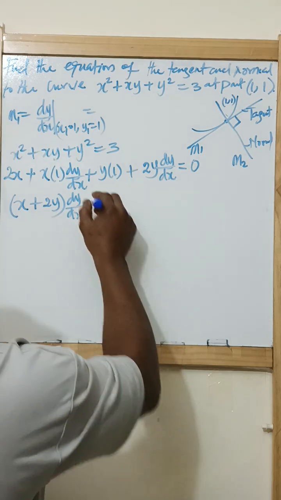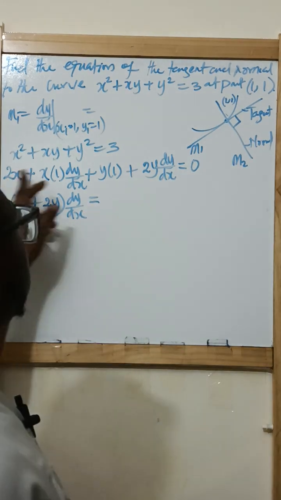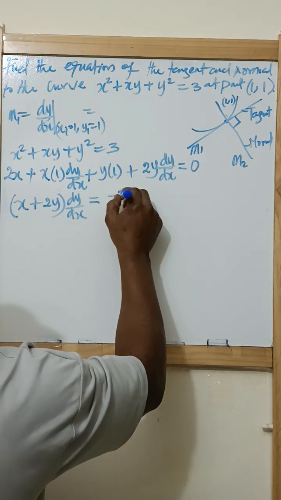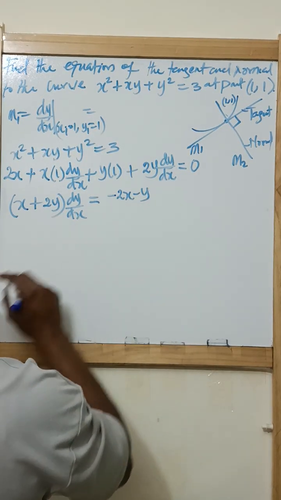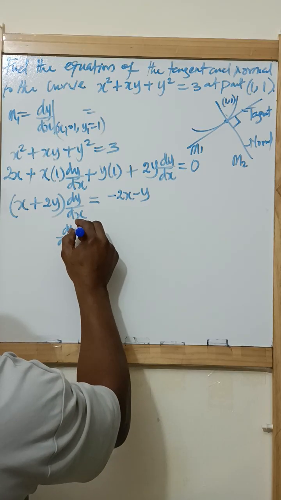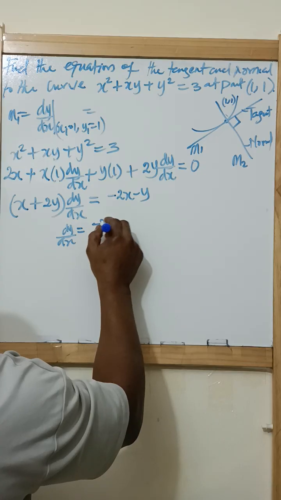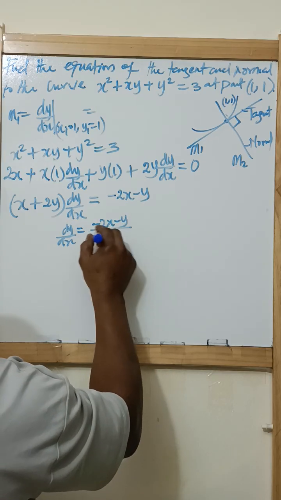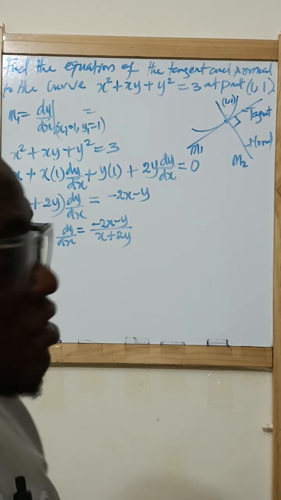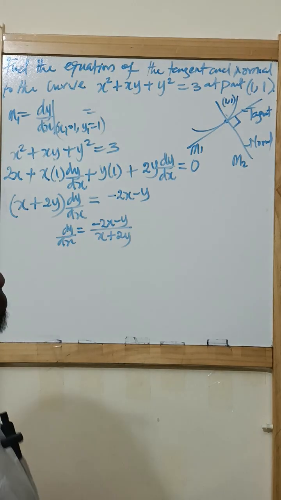Then the 2x and y will go to the other side, so they will become minus 2x minus y, right? So the dy/dx is going to be minus 2x minus y all over x plus 2y. Right? So that's going to be our dy/dx.